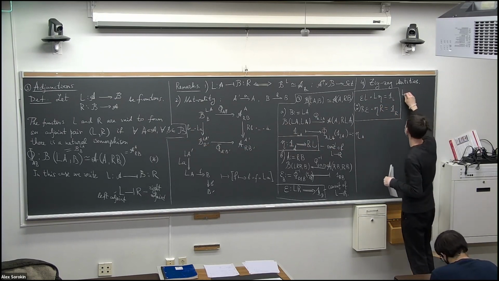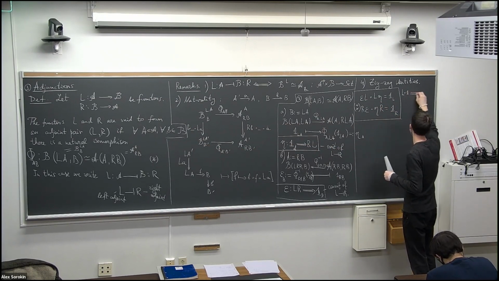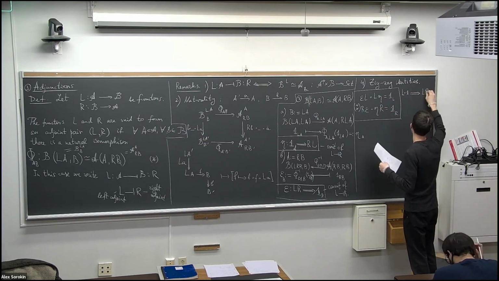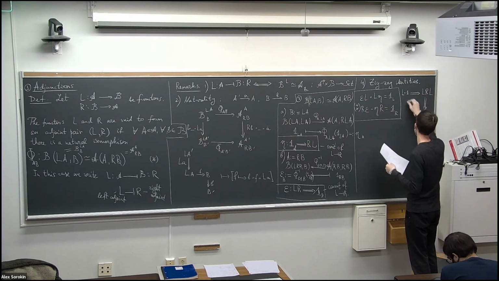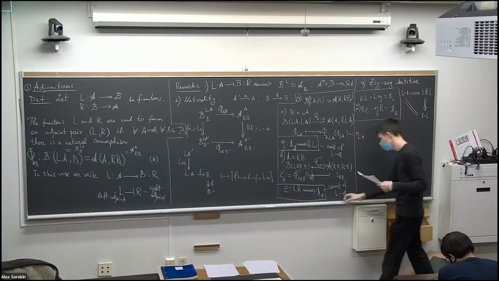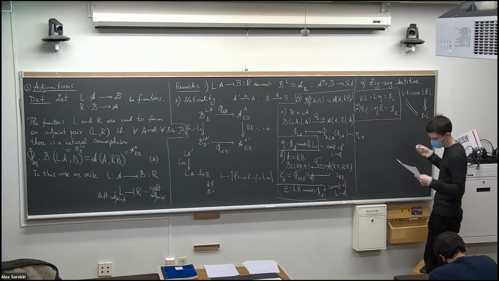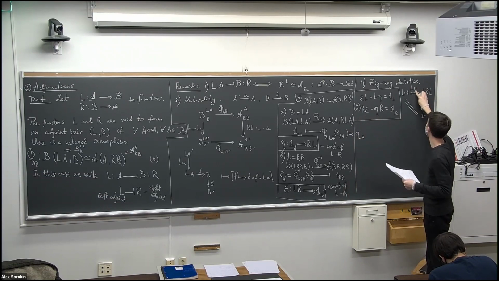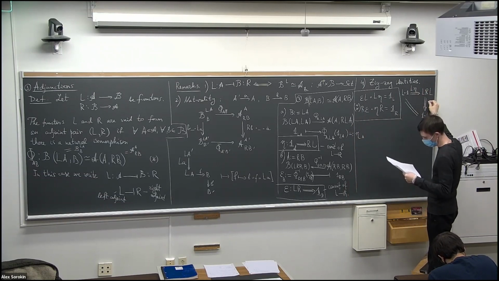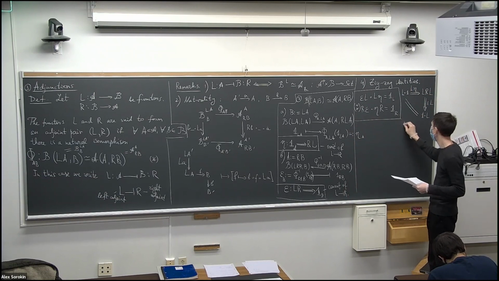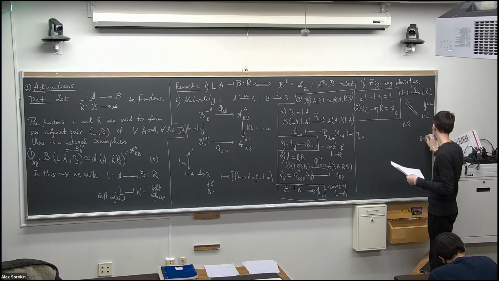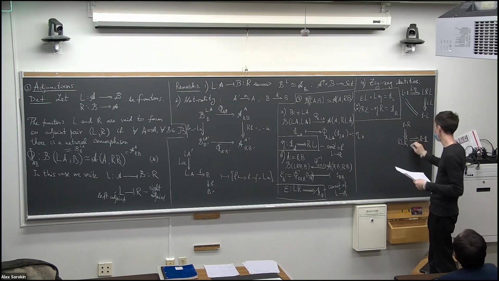So I will write L composition the identity, natural transformation LRL, natural transformation to 1 composition L. Here is identity, here is eta L, and here is epsilon L. It's one triangle, and the other triangle is 1 composition R, R composition, and here RLR.